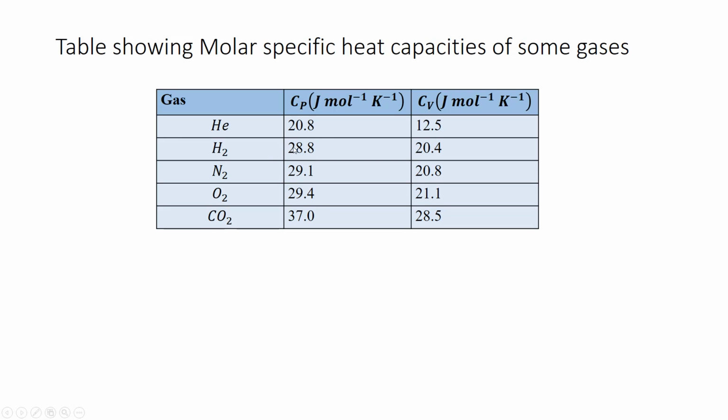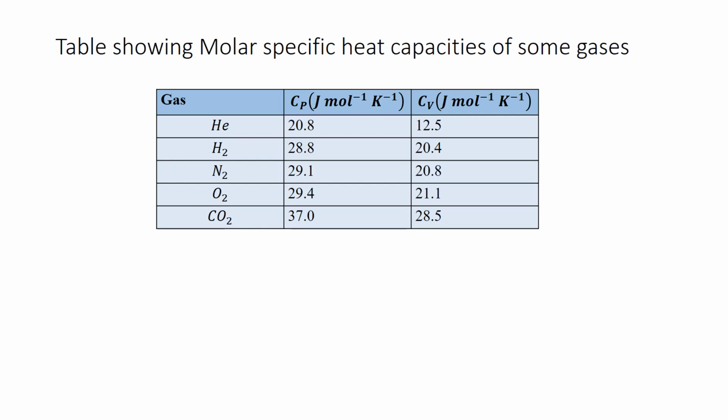Now, molar specific heat capacities of some gases are given. You can see over here that helium has the lowest molar specific heat capacity at constant pressure and at constant volume, and the highest molar specific heat capacity is that of carbon dioxide. And because of this, you can observe why the temperature of the earth is increasing day by day, because of the increase in the ratio of carbon dioxide.